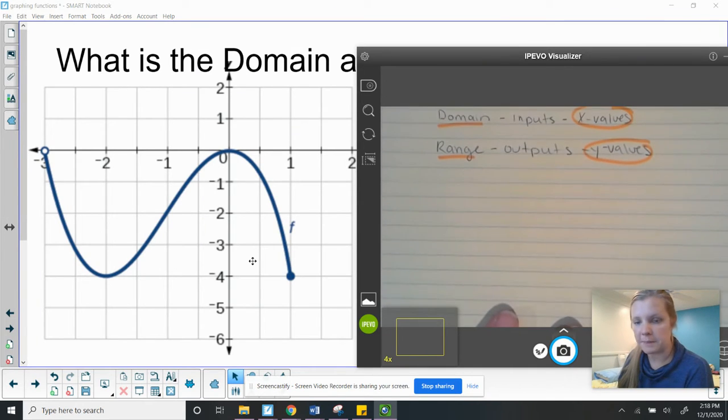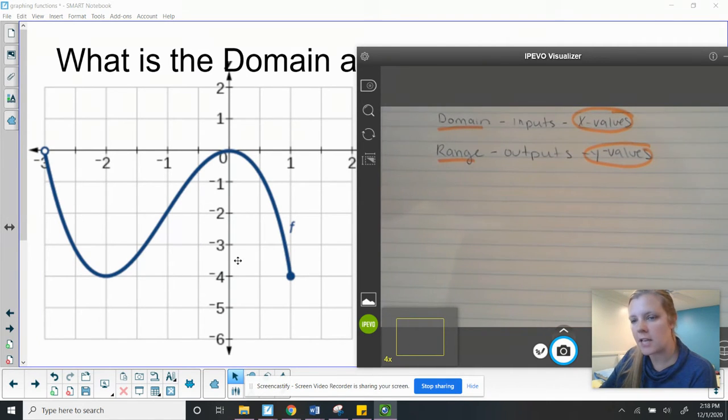So for the first one, and I mentioned set notation a little bit during our last class, but with set notation we use braces to help us identify the sets. A set is just a list of numbers. And this is called a continuous function.